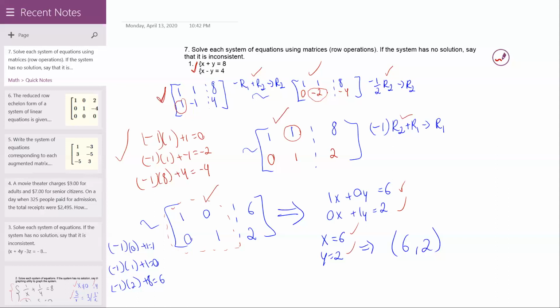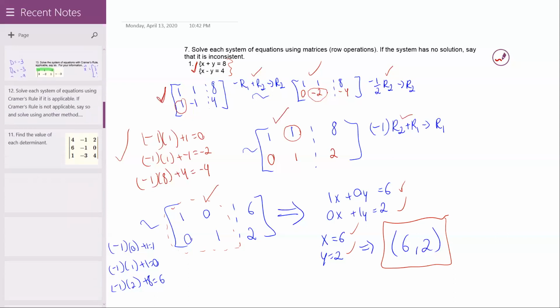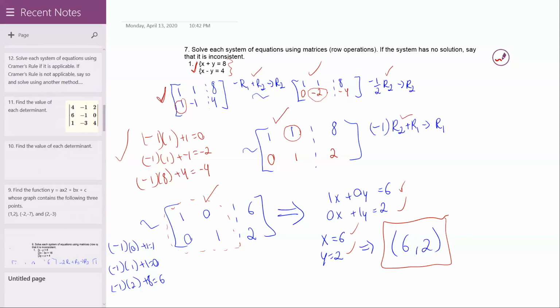And again, that's not the full answer. This is the full answer, which is a point where these two equations intersect. These are the two lines that intersect at one point. Which means, of course, this is consistent because it has an answer.